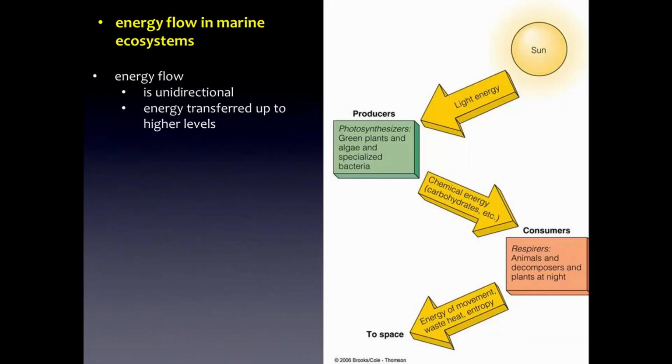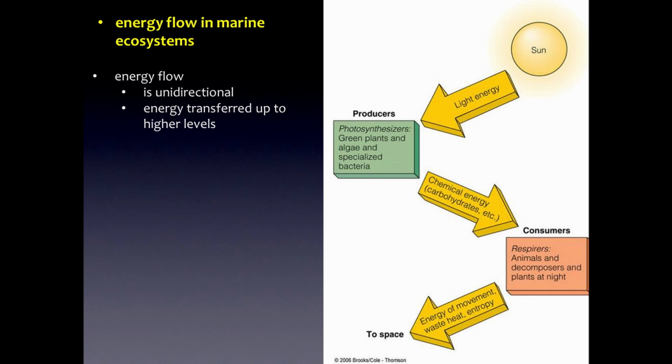Another thing that we see within marine ecosystems is that energy flow is unidirectional. It gets passed from one level to another, up to increasingly higher levels. So energy flows in one direction. We have the energy that's captured from the sun. Primary producers take it, photosynthesize, and create glucose and oxygen. They're consumed by consumers, which then in turn eventually die, and that energy is released into space.